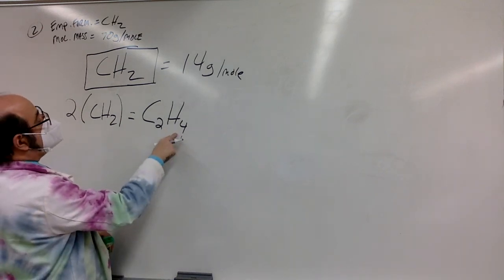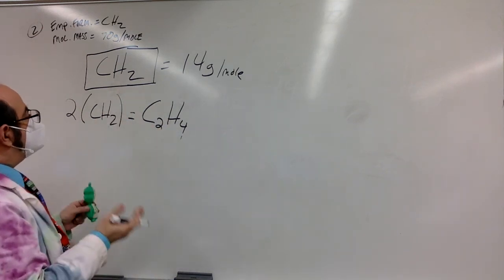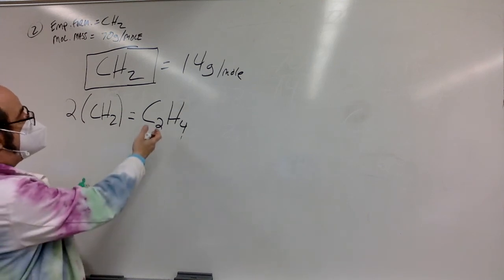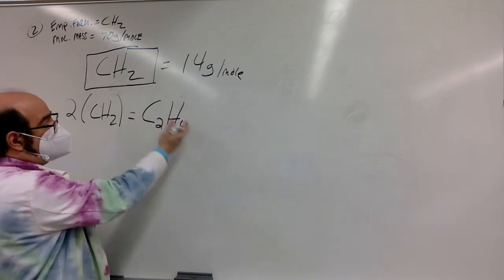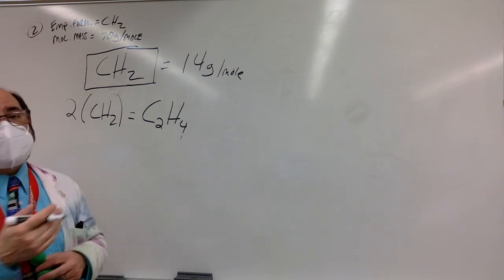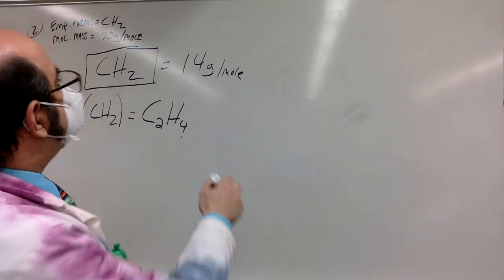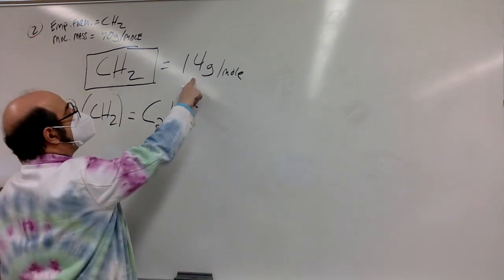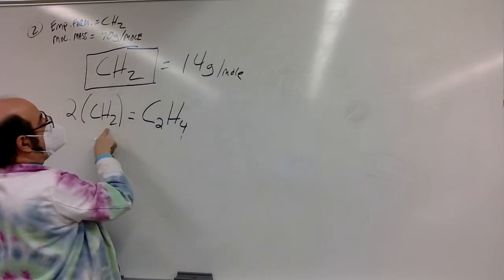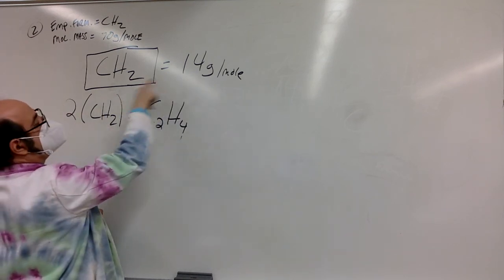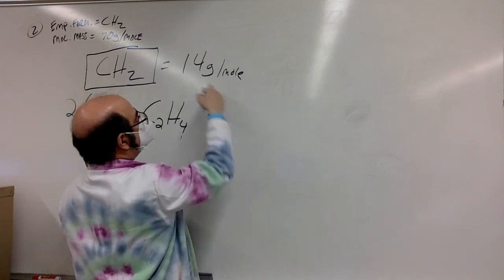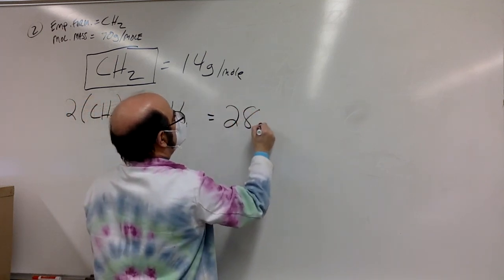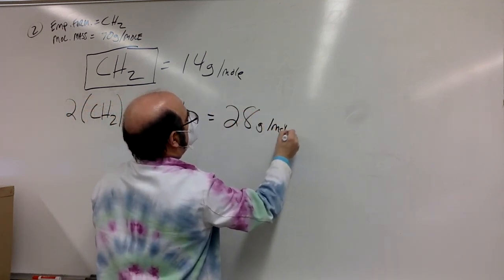You can reduce this down to that. What is its mass? Well, I could do 2 times 12, 4 times 1, or what I just did before, it's a multiple of this. So 2 times this is the same as saying 2 times this. So its mass is 28 grams per mole.